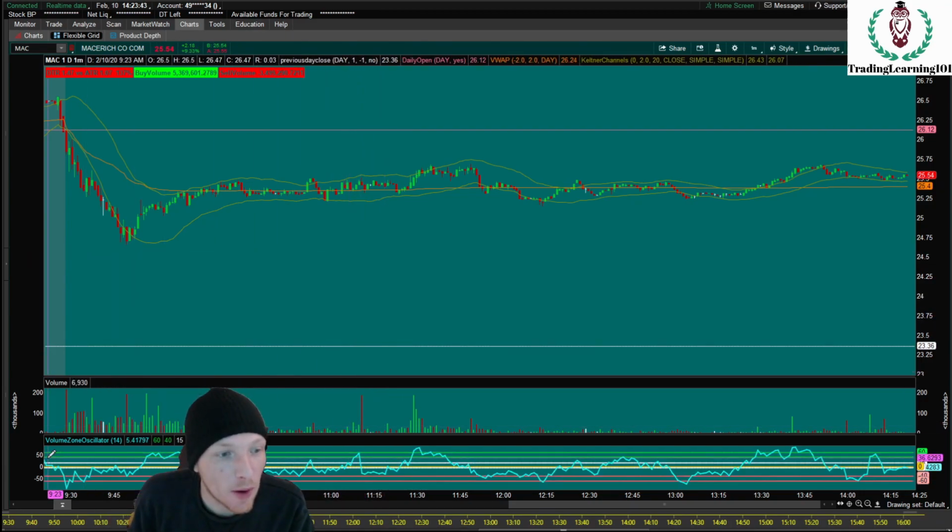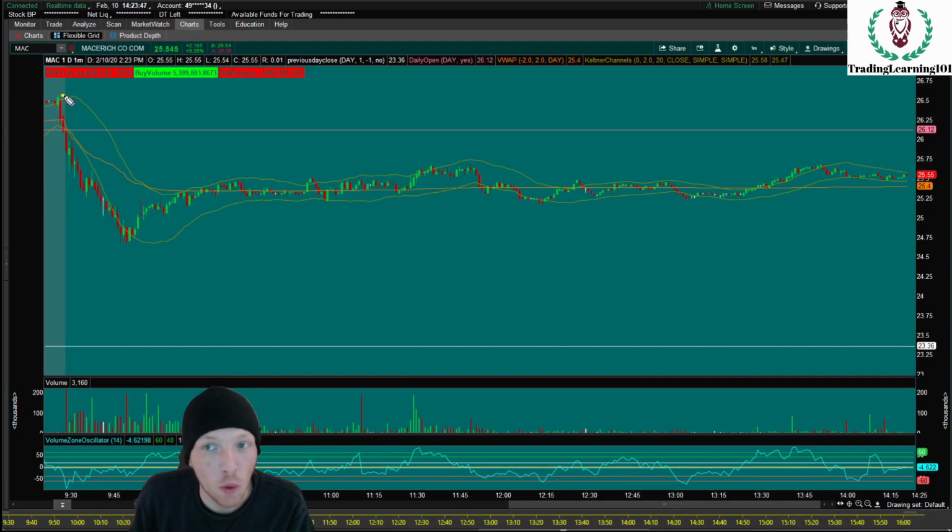You could see right here at the beginning of the day, the sell-off from 26.50 all the way down to 24.50. We had all this volume here, this selling volume rising right there.